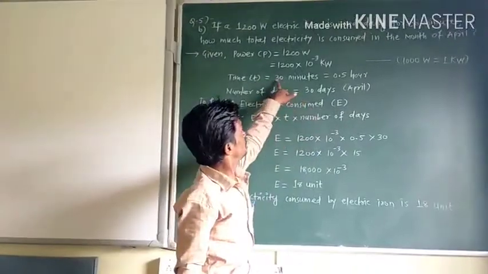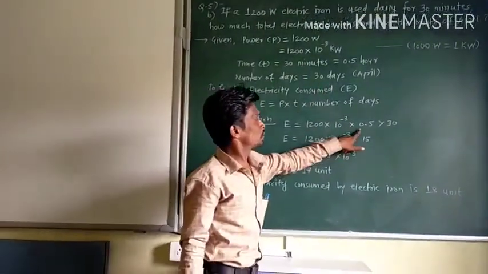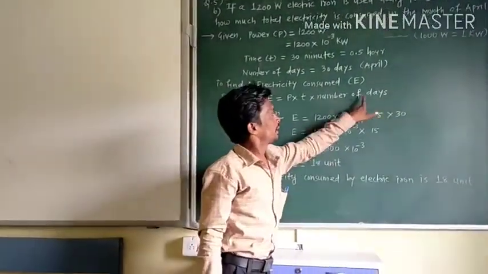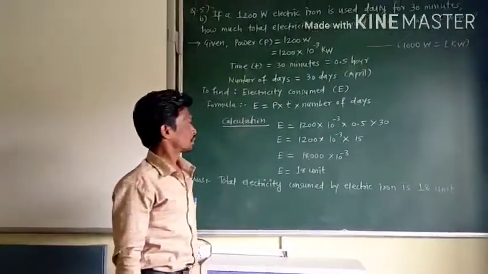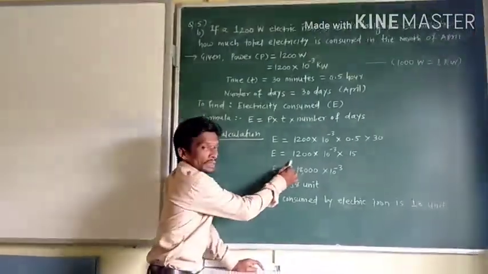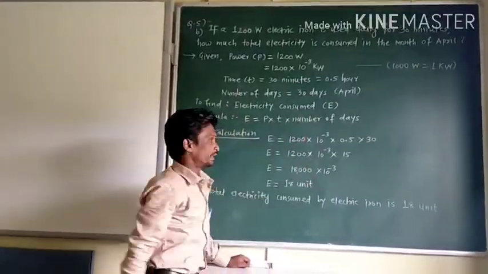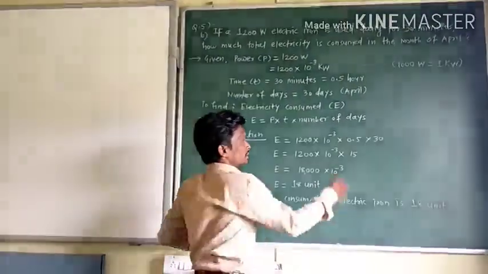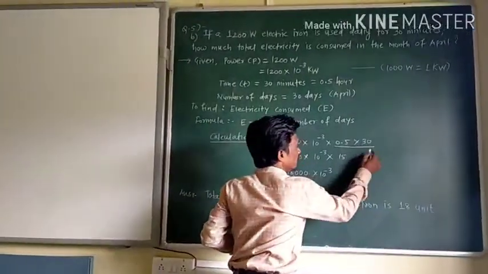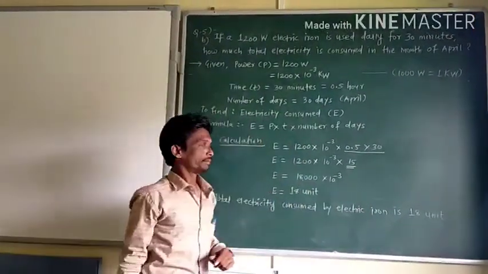Then time T is equal to what? 30 minutes means 0.5 hour, and number of days is 30. So E is equal to 1200 into 10 raised to minus 3 into 15, since 0.5 into 30 is equal to 15.